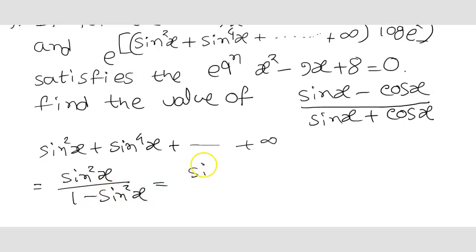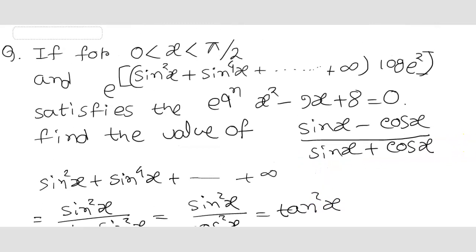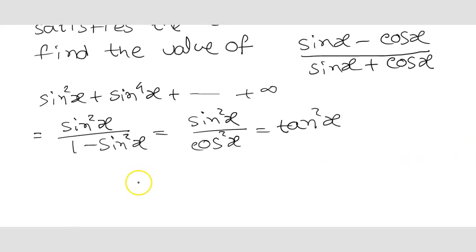So it becomes sin square x divided by cos square x, which is tan square x. Now this whole exponential thing becomes quite simple, that is e to the power tan square x into log e base 2.